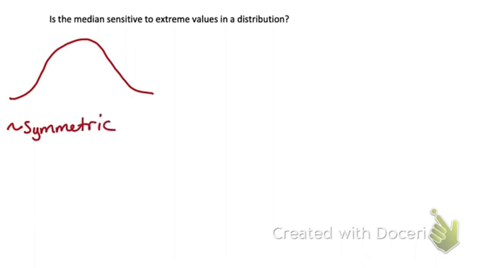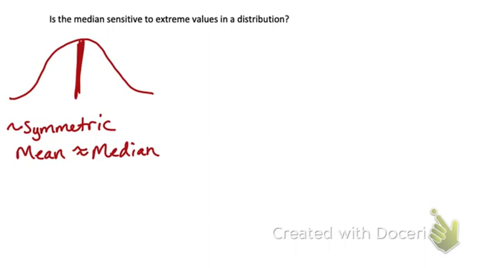And in that situation, my mean was pretty close, about equal to my median. And both of them were right here in the middle, pretty close to where the peak was. Okay? Maybe slightly off, but pretty close to the same number.